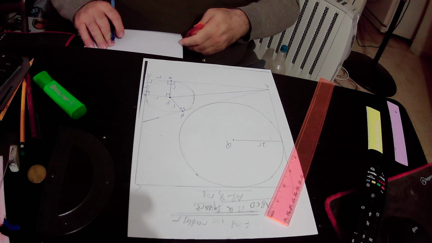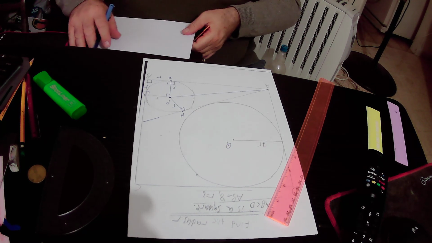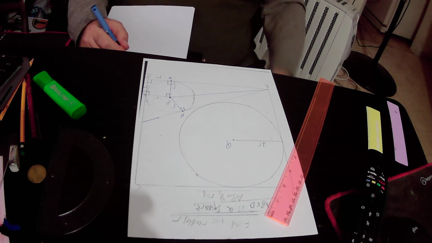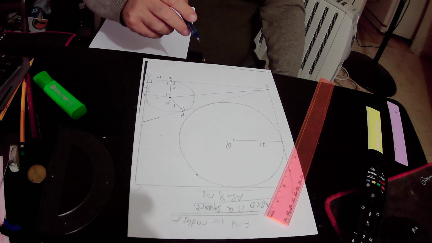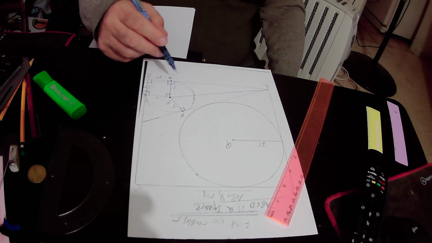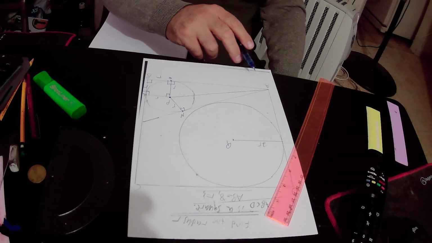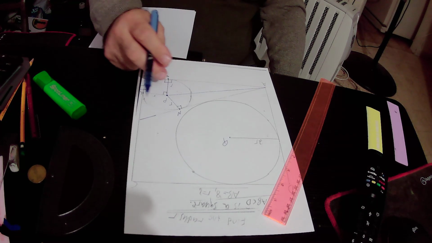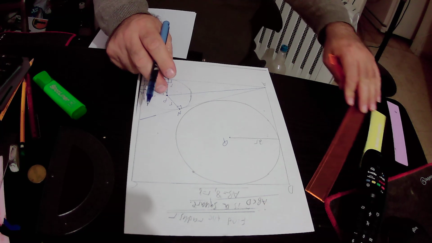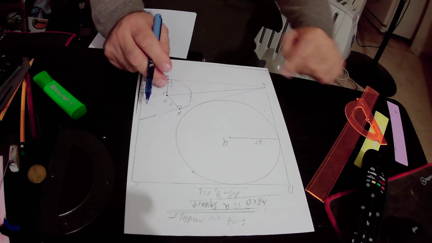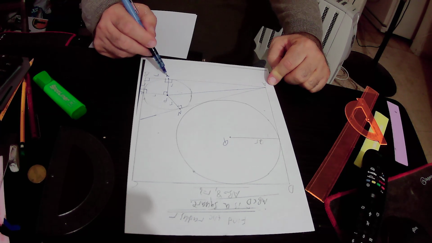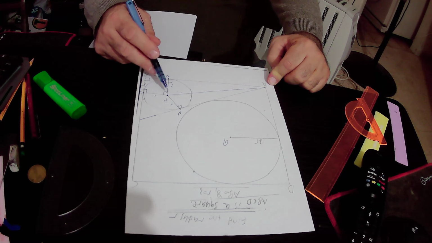Okay, so first of all, according to rule number 2, here we have point A, that is an external point to this small circle, and from point A we have 2 tangents to the small circle.